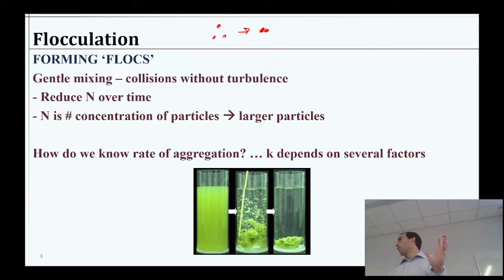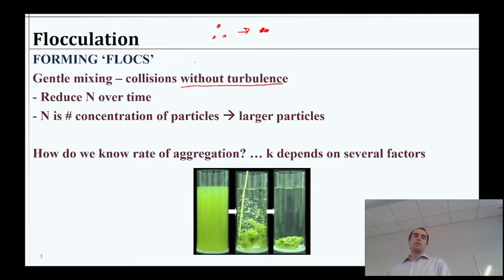In fact, we want as much mixing as we can without pulling the particles back apart. So we're going to make an assumption that anytime we're talking about flocculation, we are not mixing so rigorously that they're breaking apart. Okay, that is possible, but we're just going to assume we've lowered it enough so that that doesn't happen.